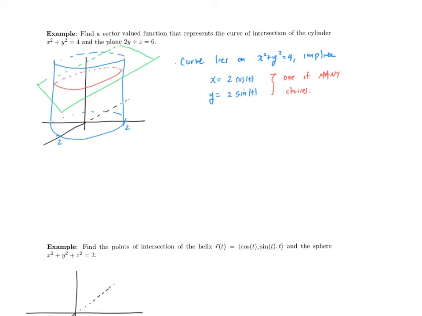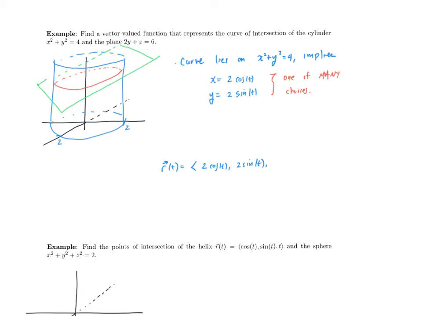So if we're working towards our vector valued function, we're saying that x could be 2 cosine t and y could be 2 sine t. But in order to complete this, what we need to do is determine z. And note we have two surfaces that we are working with, the cylinder and the plane. We've used what we can about the cylinder. We now need to use the plane.